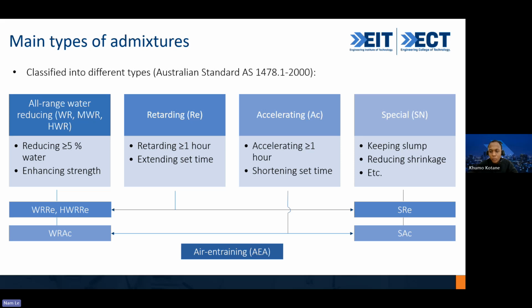But with admixtures, of course, we can improve the properties of the concrete. We can have higher strength and fewer cracking issues, and in that case we can use admixtures. I think whether the project or site is large or small doesn't affect much whether we can use admixtures or not. But of course, for small projects, we may need something like different packaging so that we can adapt to this requirement.